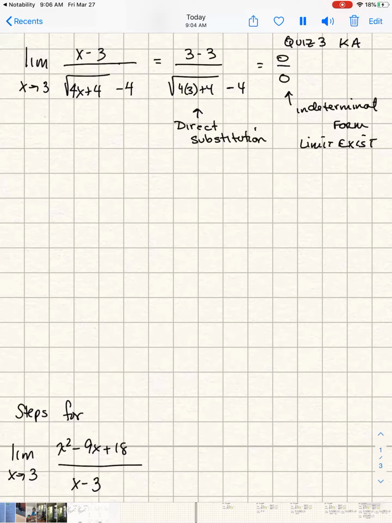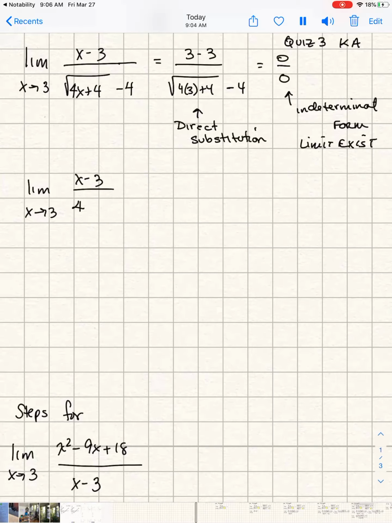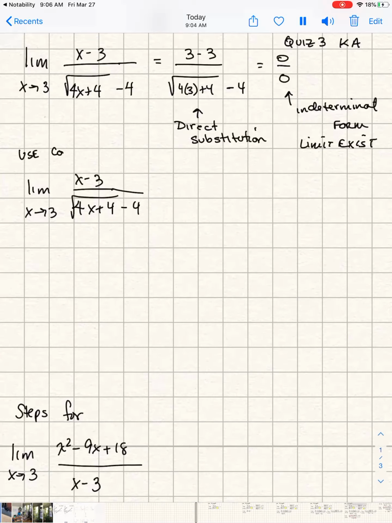So now we want to use the conjugate. Okay, so we're using the conjugate. I'm going to multiply top and bottom. What I want to do is change this middle sign here.